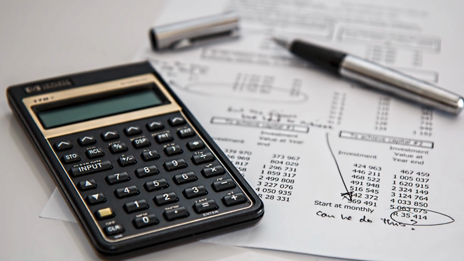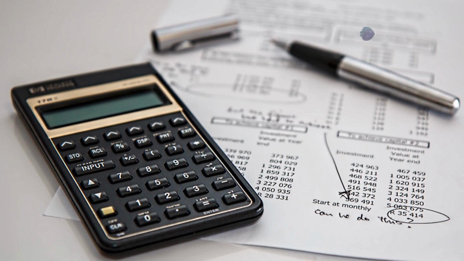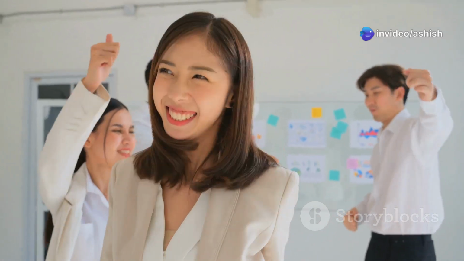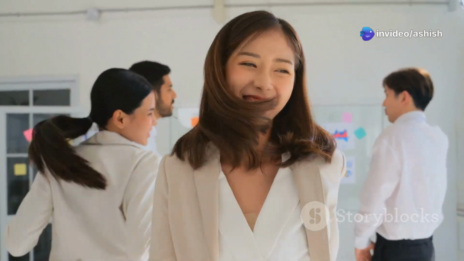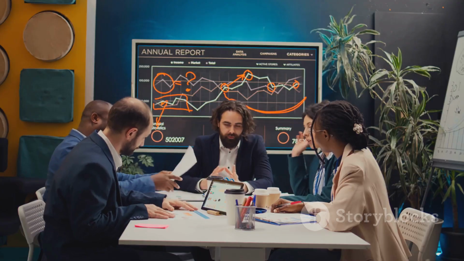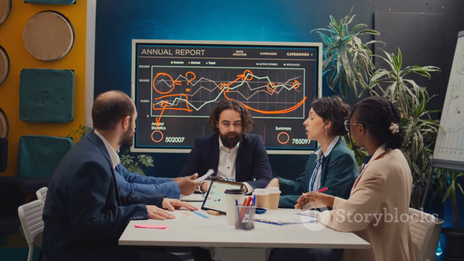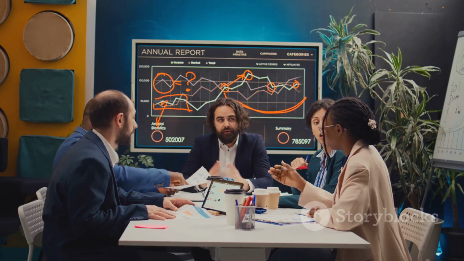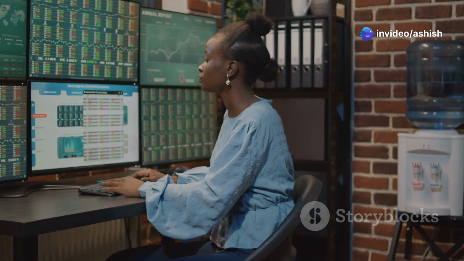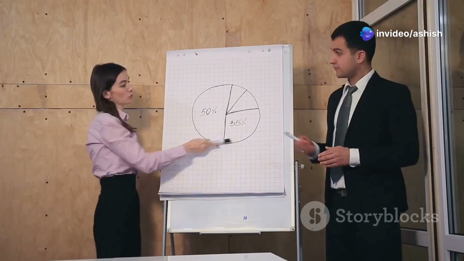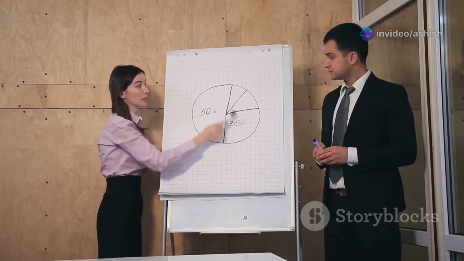It's calculated by dividing the company's current assets by its current liabilities. A higher current ratio generally indicates that a company is in a stronger position to pay its bills on time. Of course, like with all financial ratios, there's no magic number that guarantees success. What's considered a good current ratio can vary depending on the industry the company operates in. Let's say a company has a current ratio of 2-to-1.